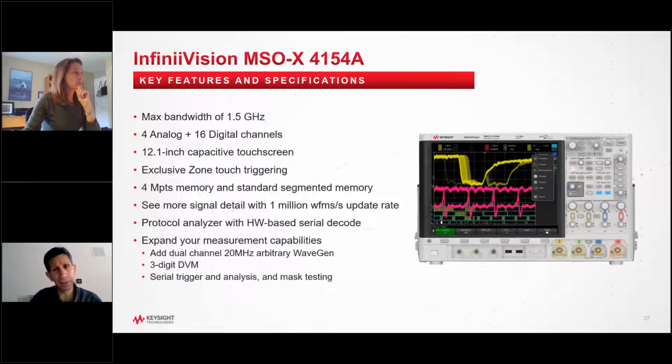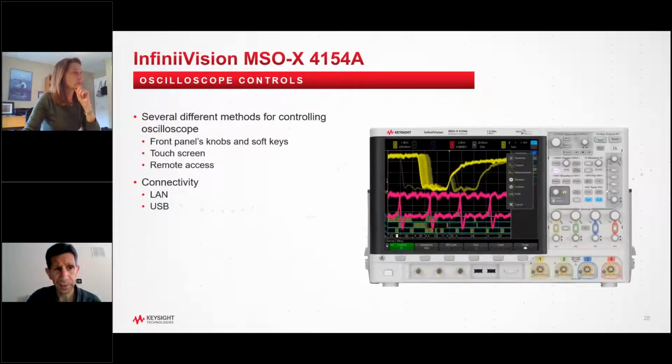Not the fastest in the world, but it's built into the instrument. In this case, 20 megahertz. We also have models with 50 megahertz waveform generators built in, DVMs, and protocol analyzer functions as well.